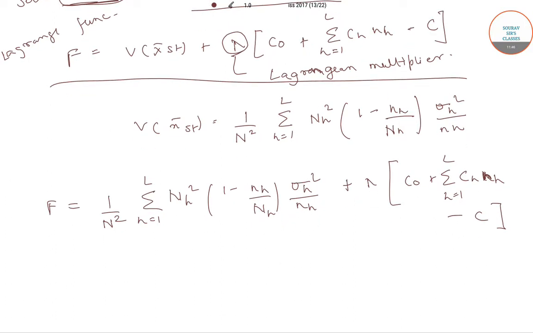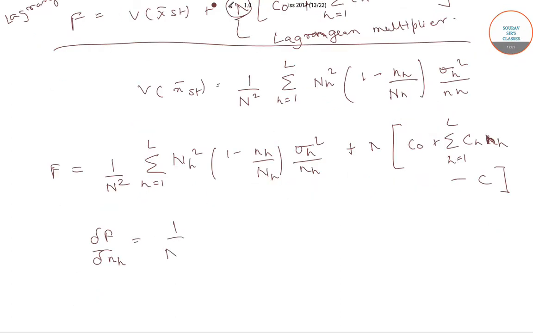So we will have df by dnh, which would be equal to 1 by capital N square into, now here the small nh and capital Nh would cancel out each other, so what would be left is capital Nh square into sigma h square divided by small nh square.